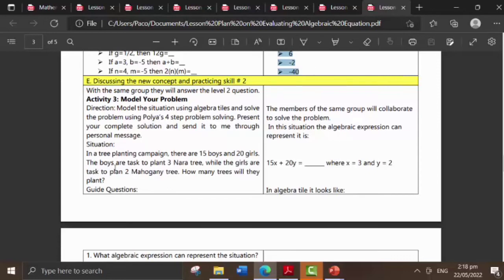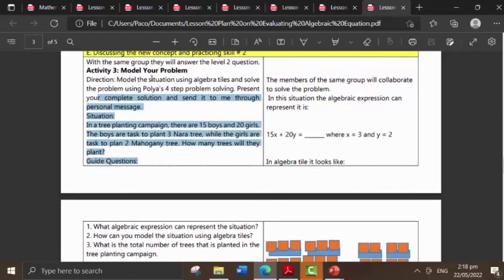You are going to state your problems or the items or questions for those activities on the teacher's activity column. For the learner's activity, you should post the statement or the answer of the students to the activities or questions that you post in discussing the new concept and practicing skill number 2.